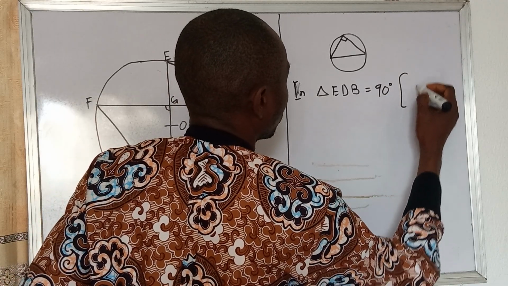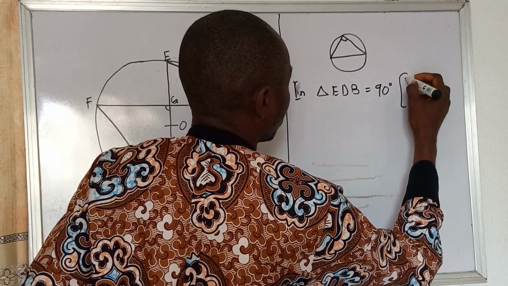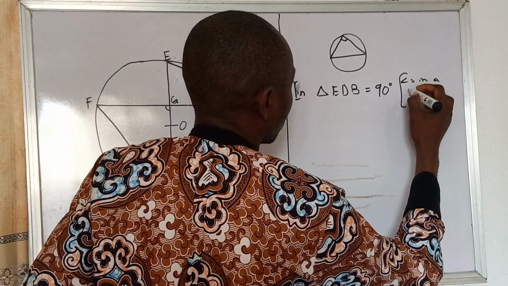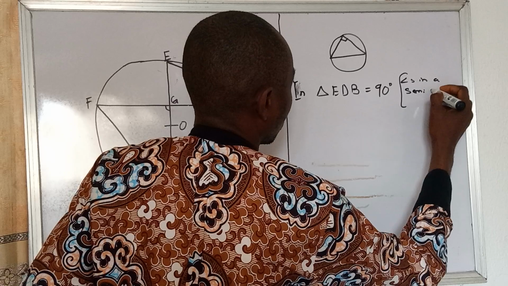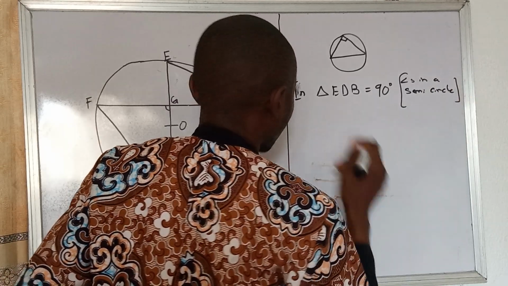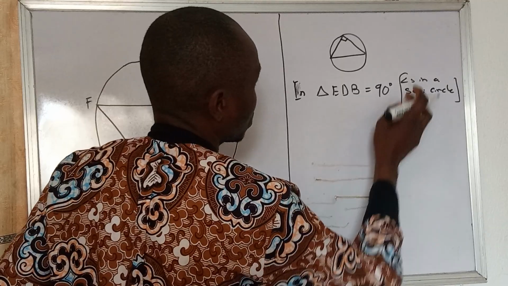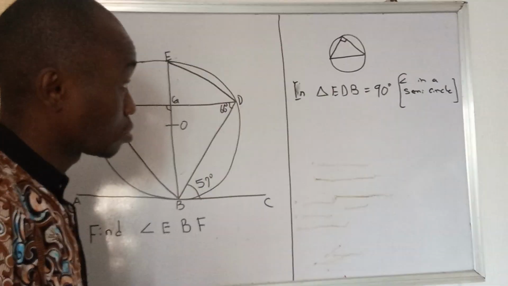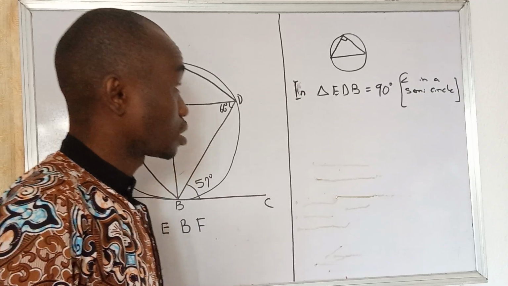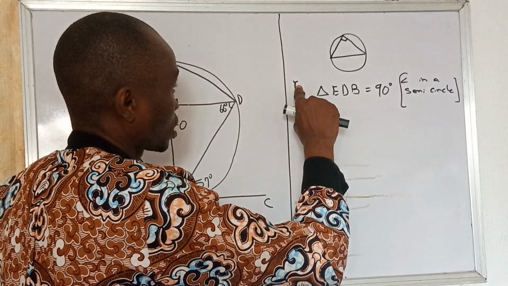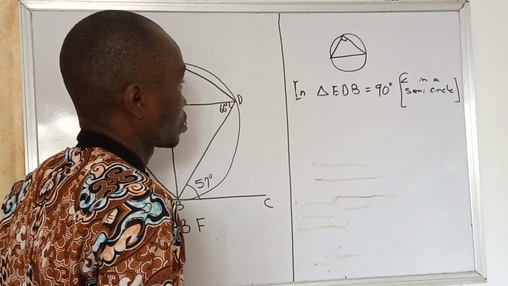Then don't forget to put your theorem, angle in a semicircle, just a singular angle. So 90 degrees equals angle in a semicircle. So that's just what we have right there.